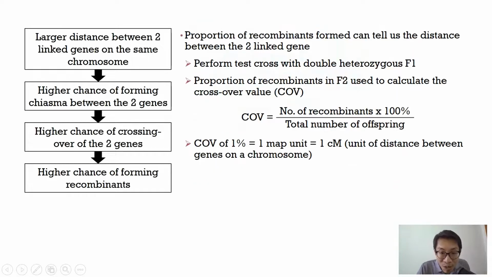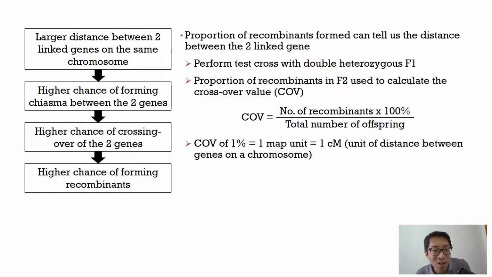Okay, so the chance of crossing over, or the proportion of crossing over, depends on the distance between the two genes. Therefore, when we look at the proportion of recombinants that are formed, which comes from crossing over, we can deduce the distance between the two genes.